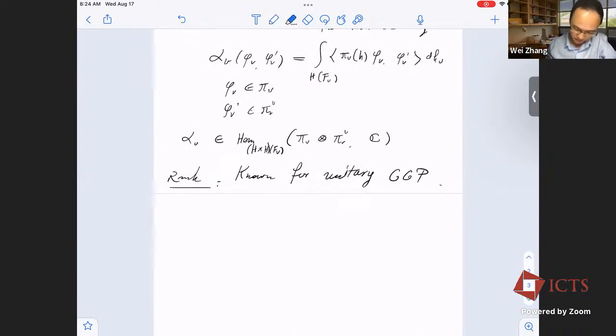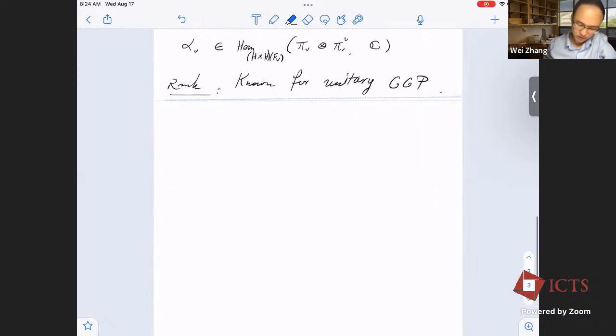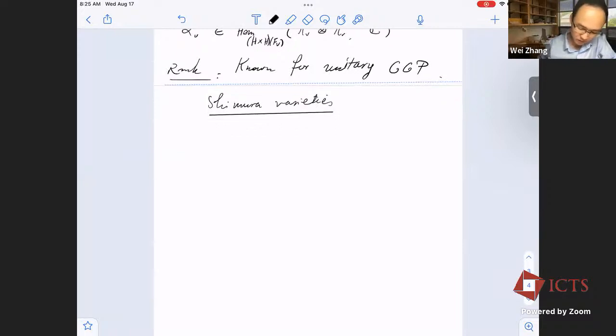So now let's see the next part. So we consider unitary Shimura varieties. Here I have to impose a condition that this Hermitian space, W and W flat, both have a certain signature at Archimedean places.